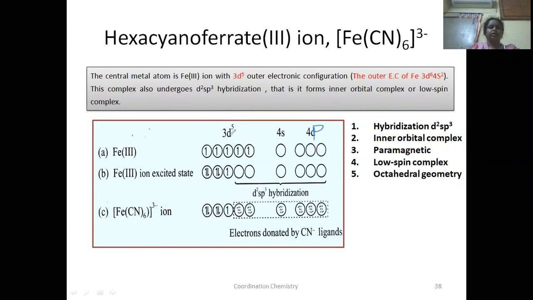So in 3d orbital, how many electrons are there? 5 electrons. There are 1, 2, 3, 4, 5, and 4s is vacant because the charge is plus 3. Therefore, electrons are removed from here: 2 electrons from here, and 1 electron from here. And the next orbitals are 4p orbitals.